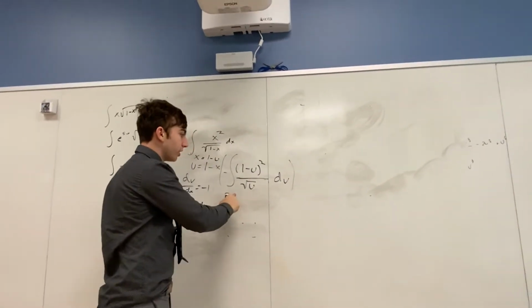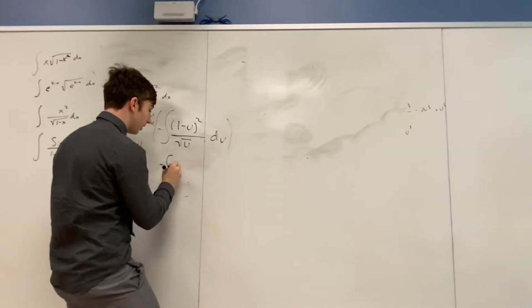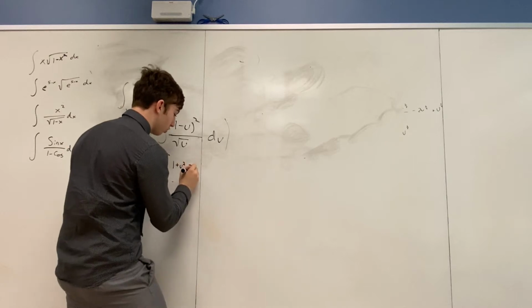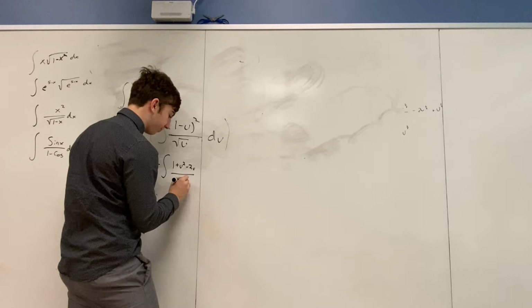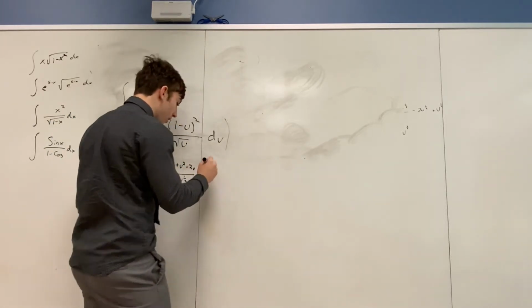Okay, so now when we expand this, we're going to have negative the integral, and that's going to be 1 plus u squared minus 2u, and that's all over u to the 1/2. Now what we can do is simplify this into multiple integrals.